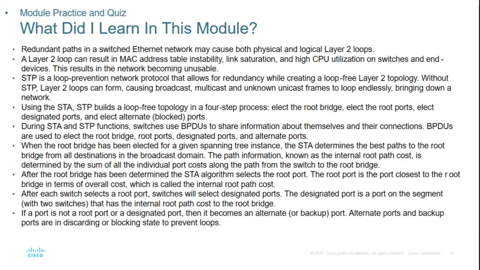STP is based on the algorithm invented by Radia Perlman. Her spanning tree algorithm, or STA, creates a loop-free topology by selecting a single root bridge. And based on that root bridge, all other switches determine a single least cost path.